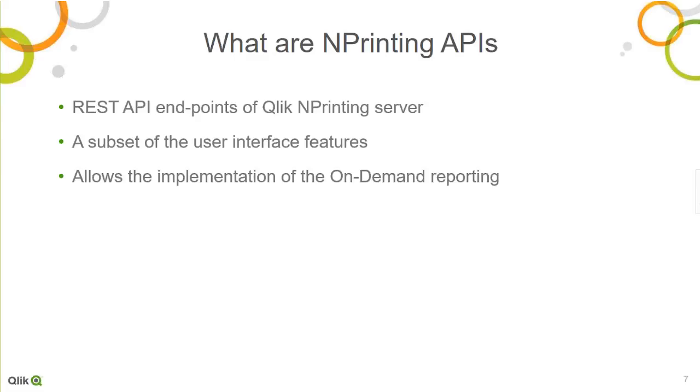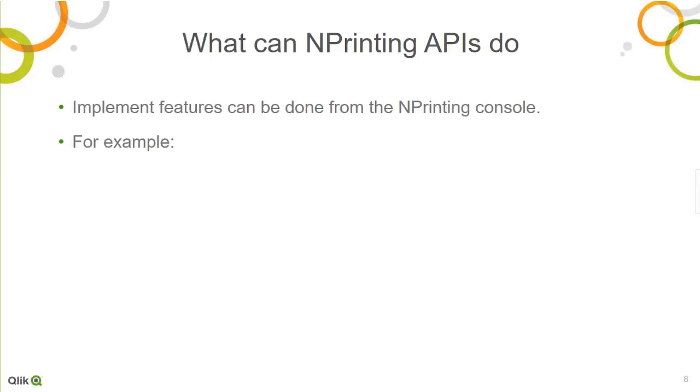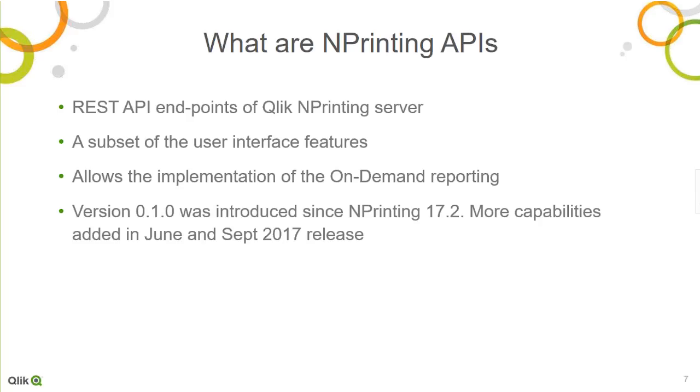The APIs were first introduced in NPrinting version 17.2 as API version 0.1.0. Later on, more capabilities were added in the June and September 2017 releases as API version 0.4.0.